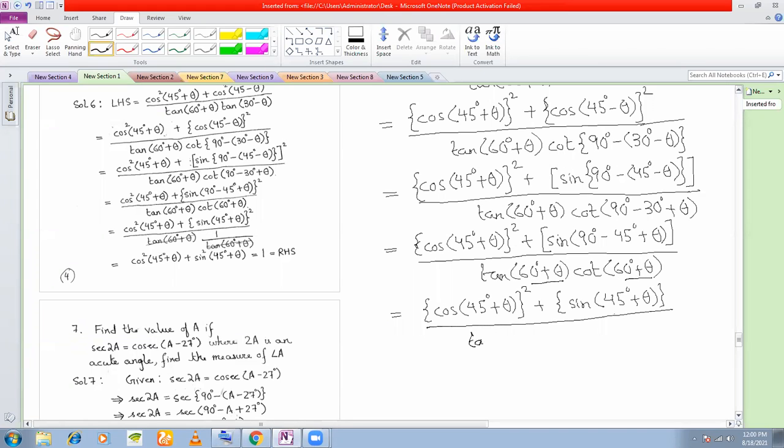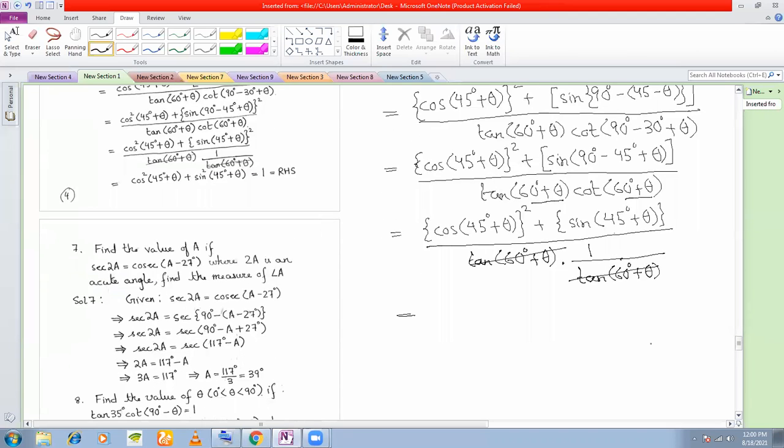So now what I do here is, in the denominator, I change the cot to tan. So I can write cot of 60 plus theta as 1 by tan 60 degree plus theta, which is equal to, now see here, this tan and this tan will cancel. So what am I left with?